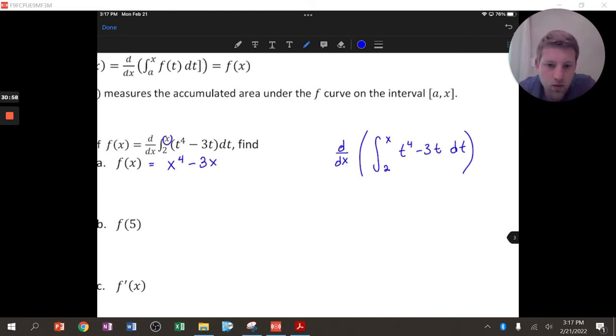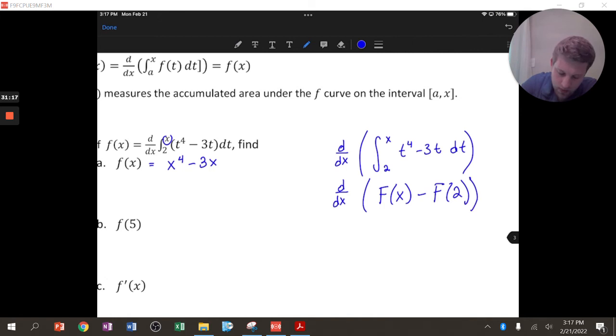The integral itself, we could say, would be the antiderivative. We could call this capital F, evaluated at x, minus capital F, evaluated at negative 2. So the antiderivative of our function evaluated at our two endpoints.